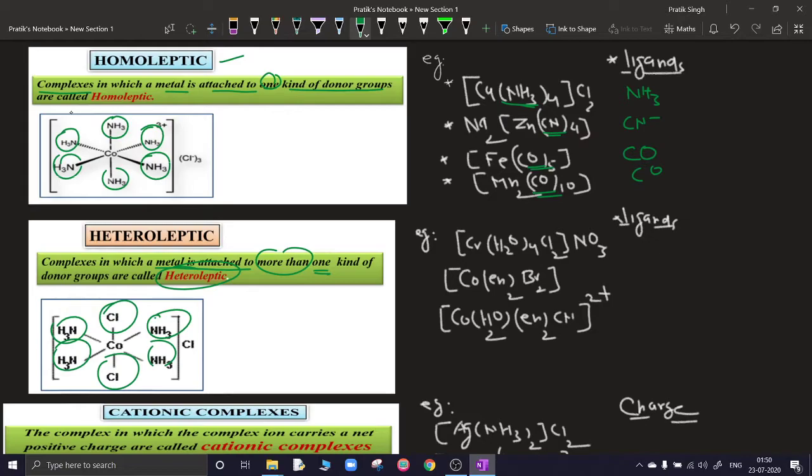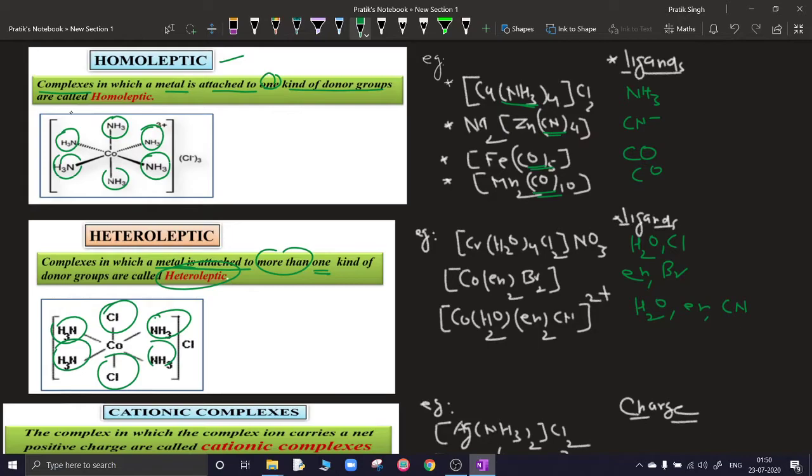But if you see the ligands present in this complex, there is more than one: H2O and Cl, more than one type. I'm not talking about the numbers. It is ethylene diamine and bromine, and it is H2O, ethylene diamine and cyanide.